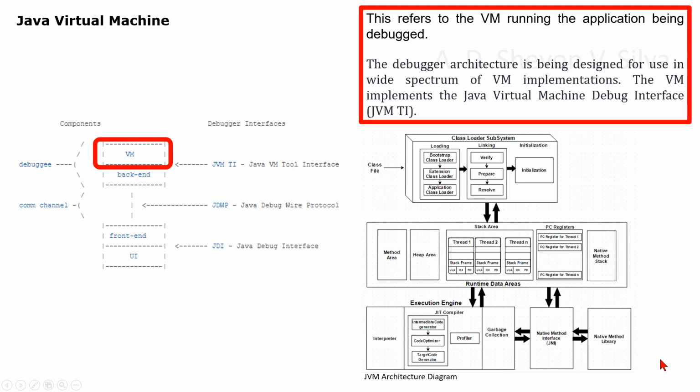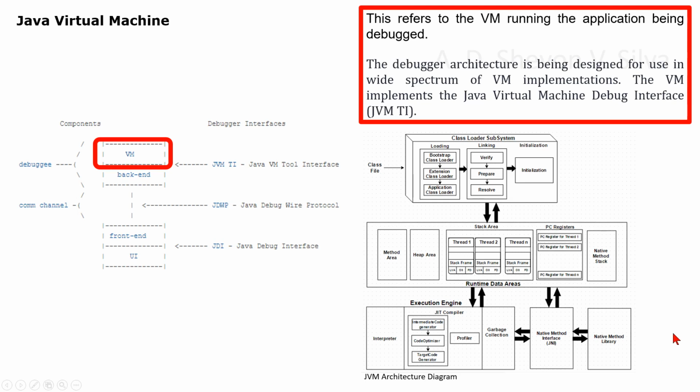The compiler compiles the Java file into a java.class file. Then that .class file is input into the JVM, which loads and executes the class file. Below this is a diagram of the architecture of the JVM.